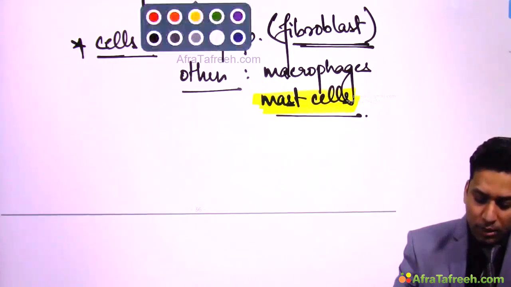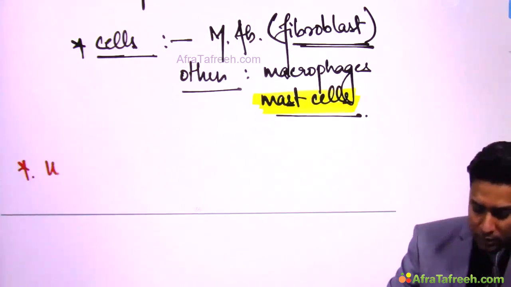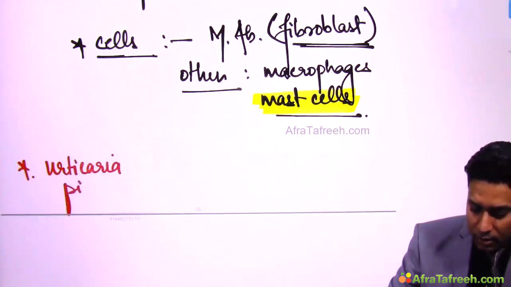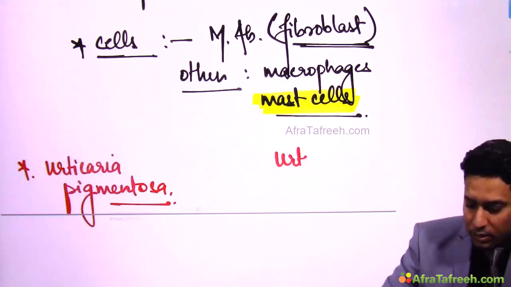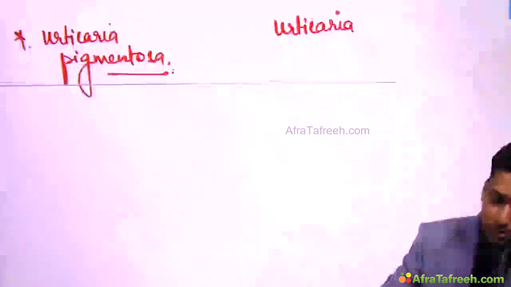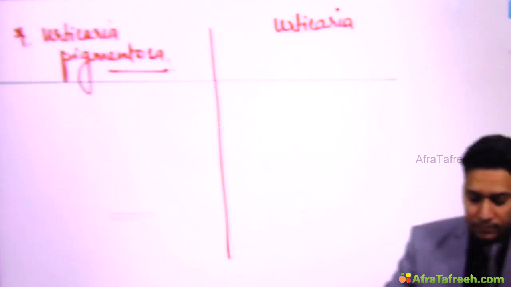So these are two important disorders which you need to remember here. One is urticaria pigmentosa and the other one is simply urticaria. Both are different disorders. Both are related to mast cells.